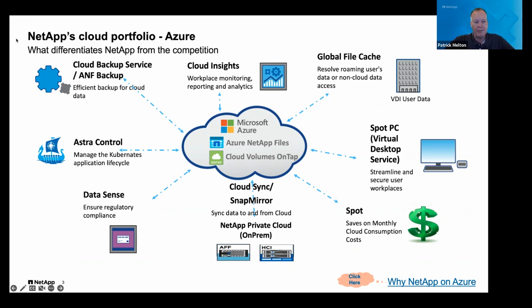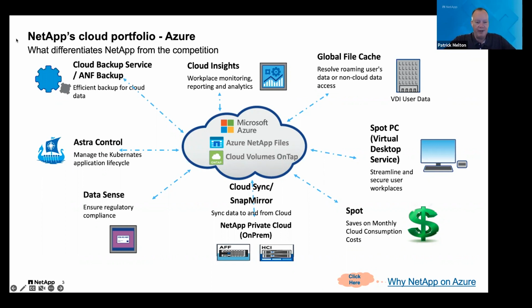Cloud Volumes on Tap is an IaaS offering. Global File Cache caches active data sets for distributed offices globally, anytime, anywhere, as used by your workforce. Spot PC for your virtual desktop service, streamlines and secures your users' workspaces. Spot saves money on cloud consumption costs.